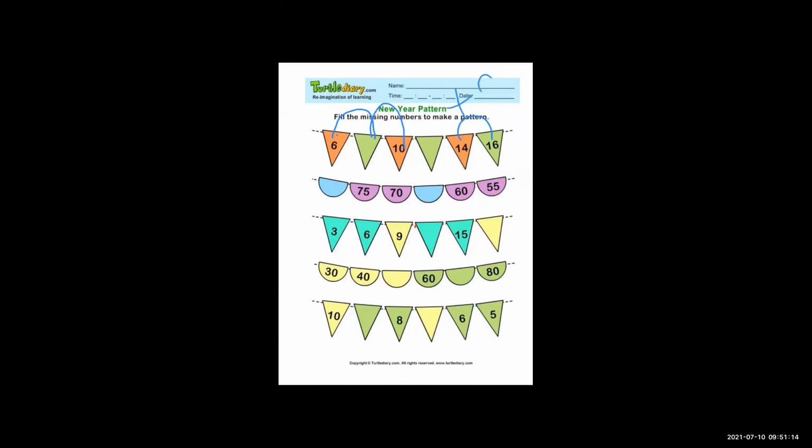So 14 plus 2 gives 16. In the same way we get the clue: we have to add the number 2. 6 plus 2 is 8. 8 plus 2 is 10. 10 plus 2 is 12. So we get the answer 6, 8, 10, 12, 14, 16. Correct? Very good.